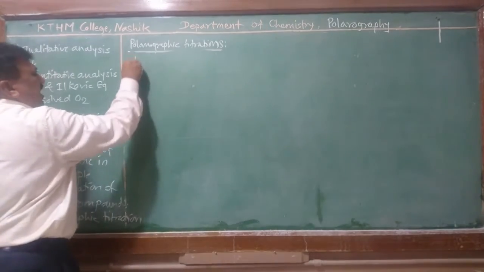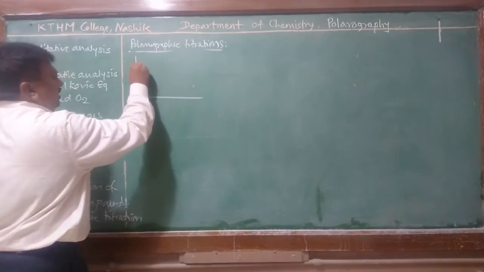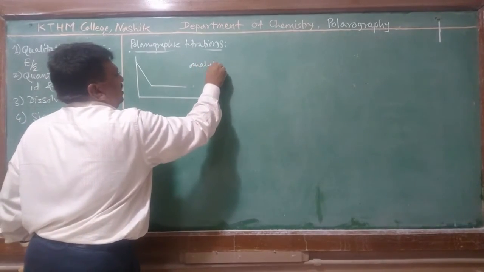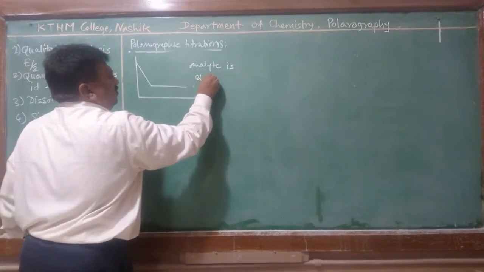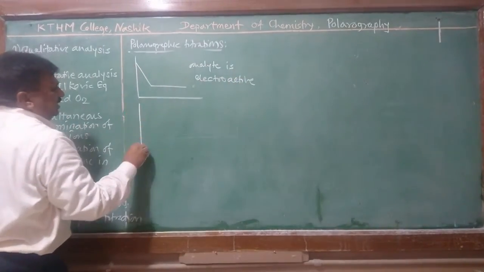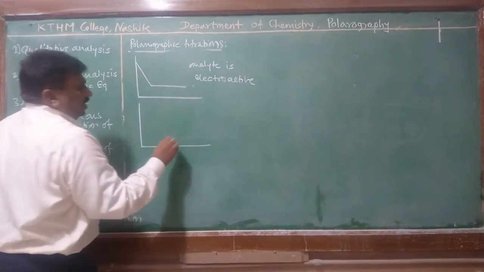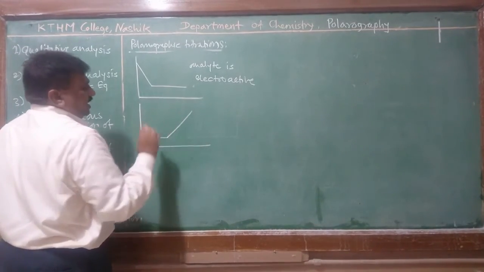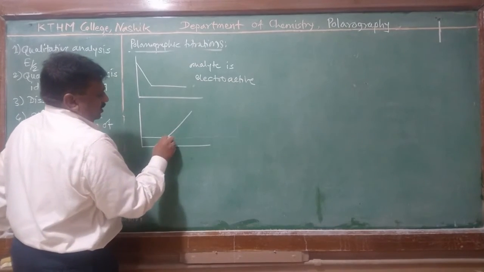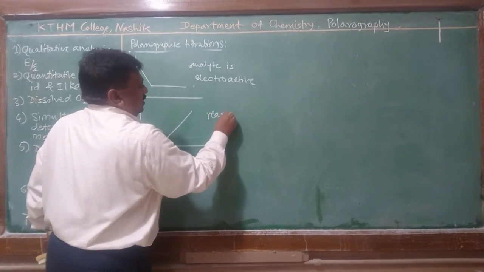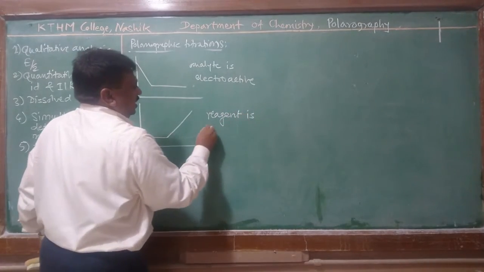Suppose for example, we have the first titration curve in this fashion. Here only the analyte is electroactive. We have a second titration curve in this fashion, in which the nature of the titration curve is like this, in which the reagent is electroactive.